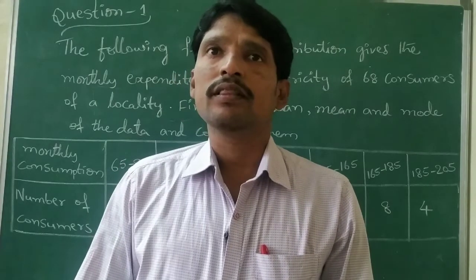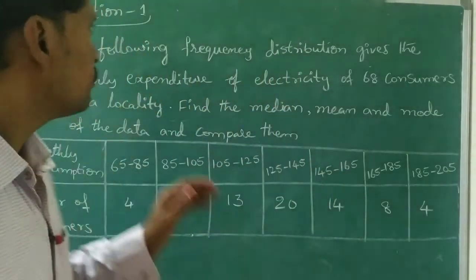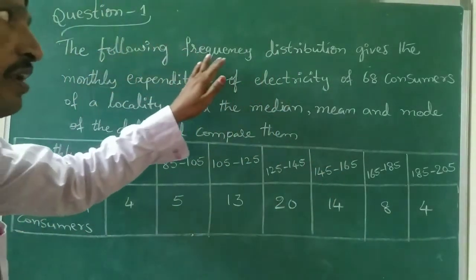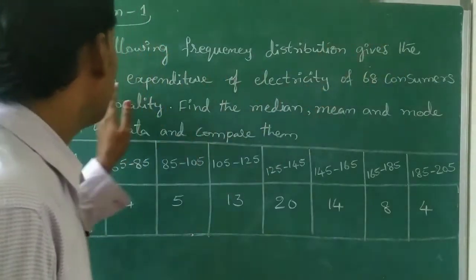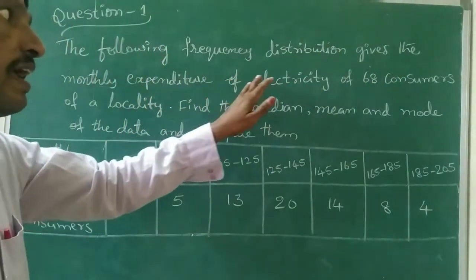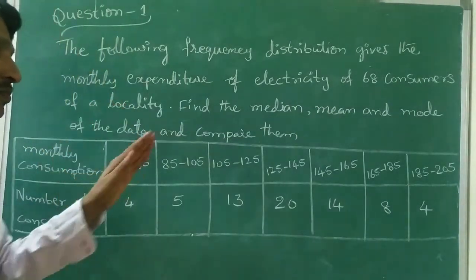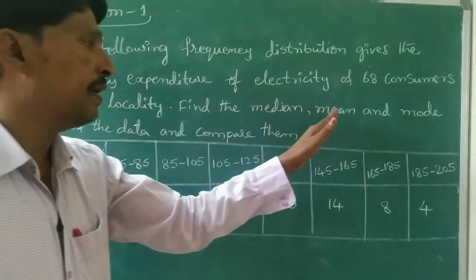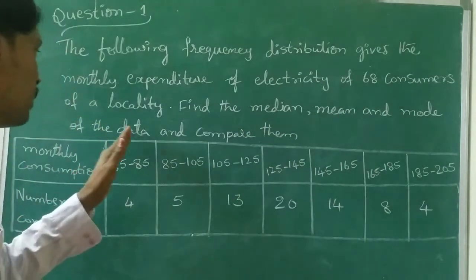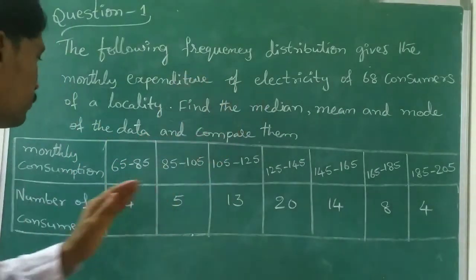Question number 1. The following frequency distribution gives the monthly expenditure on electricity of 68 consumers of a locality. Find the median, mean and mode of the data and compare them.